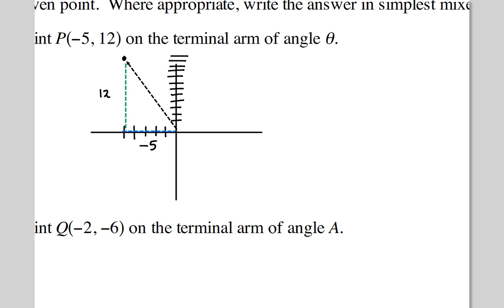And the negative, of course, just indicates the direction. The length of that triangle's x component is 5. The negative tells you it goes left. The length of that arm's y component is 12, and the positive means it goes up. So again, positive and negative just gives you direction, and the number tells you the length.